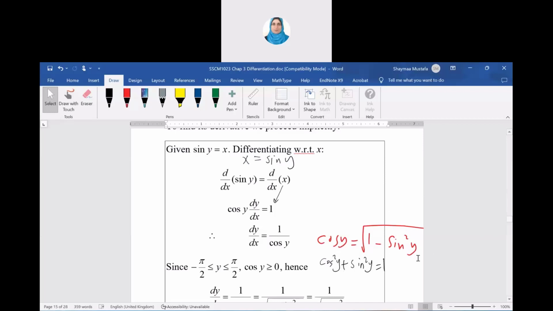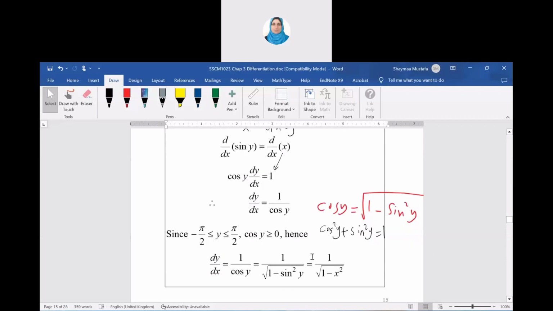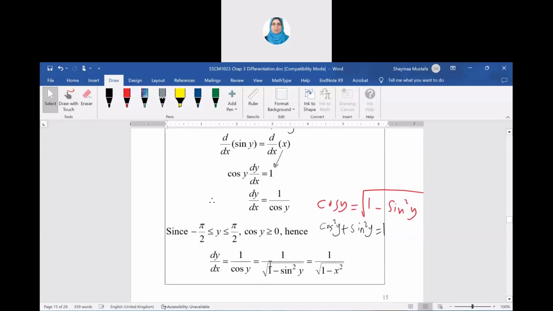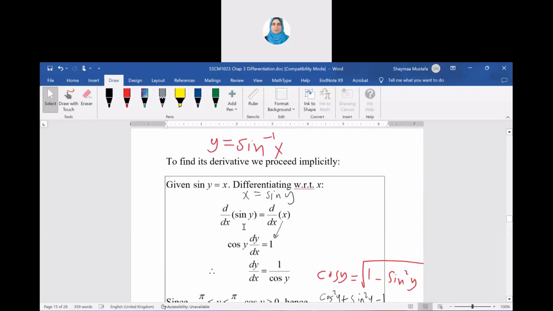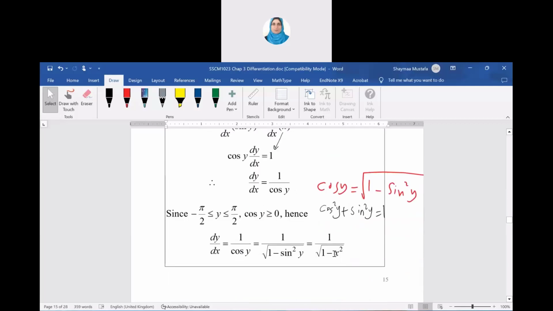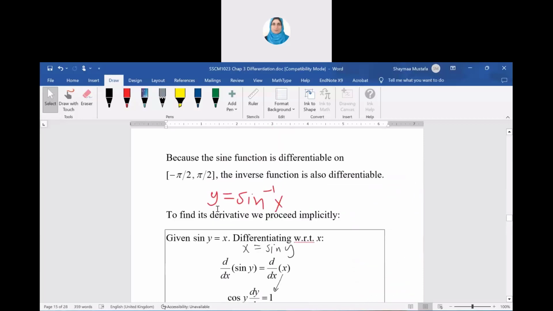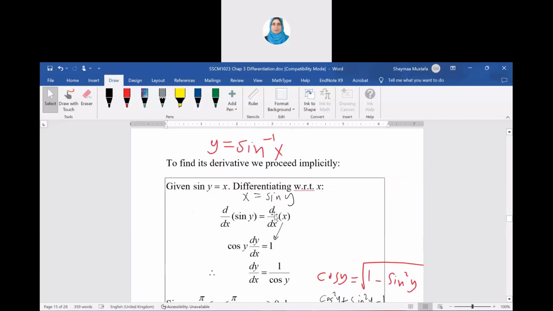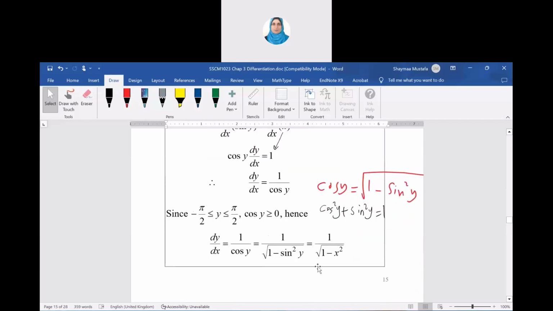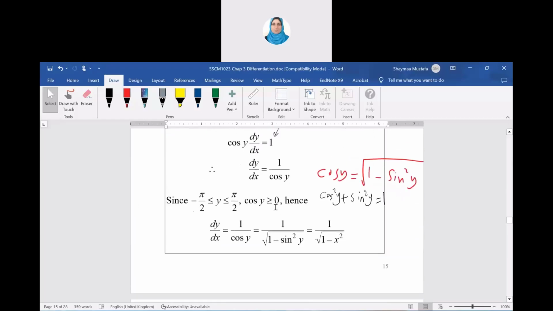To find cos, just take the square root. So cos y will be equal to the square root 1 minus sine square y. And sine square y is x squared. So this is how we prove that the derivative for sine inverse x is equal to 1 over square root 1 minus x squared.